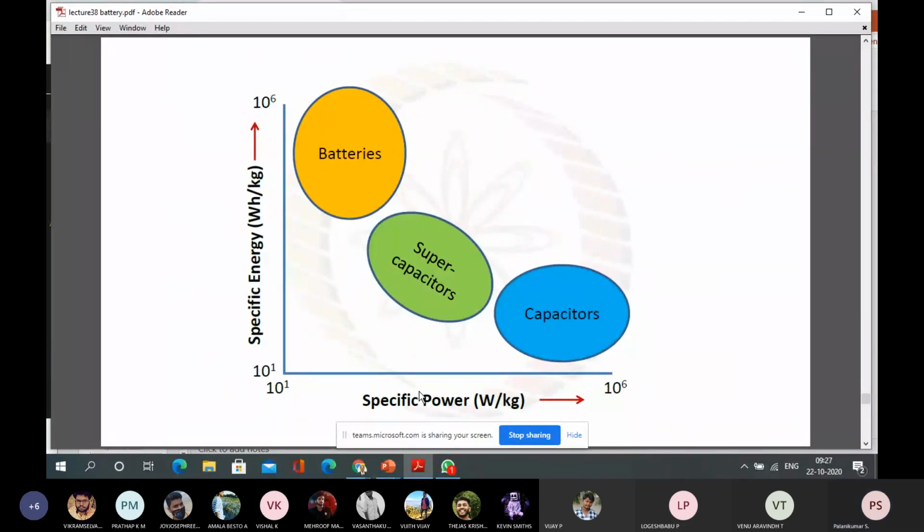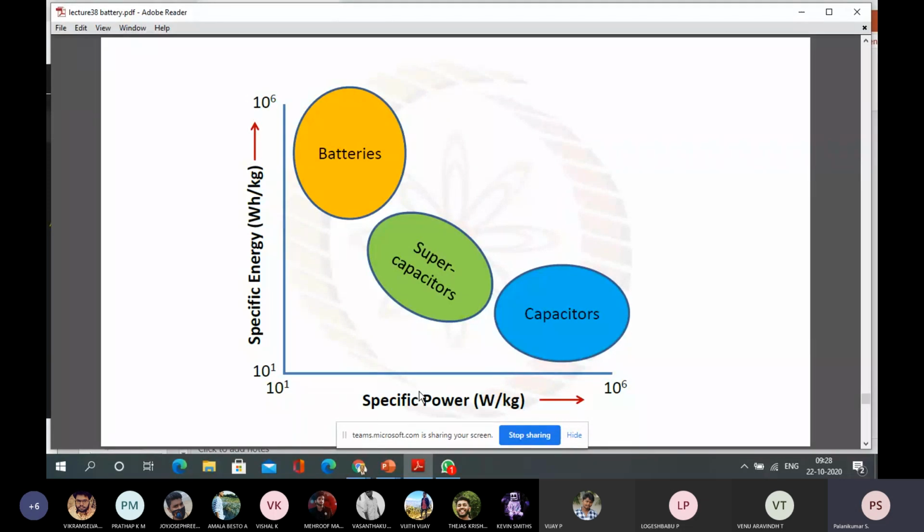So as I already told, if you see specific power and specific energy, specific power is in watt per kilogram, and if you see the specific energy in watt hour, batteries are not capable of having a large specific power. Batteries have a specific energy per kilogram that is more, but as far as specific power is concerned, it is how quickly it can charge and discharge with this power per kilogram.